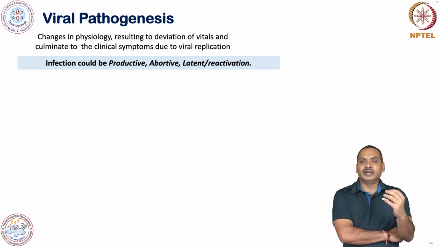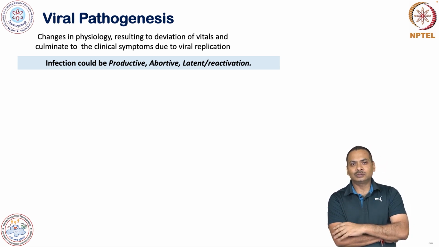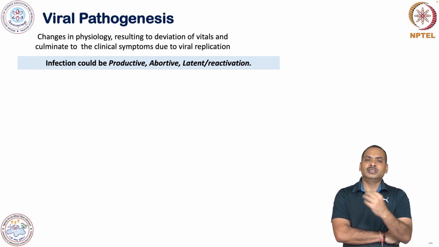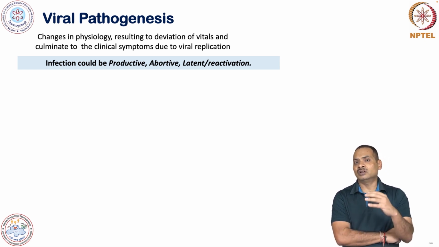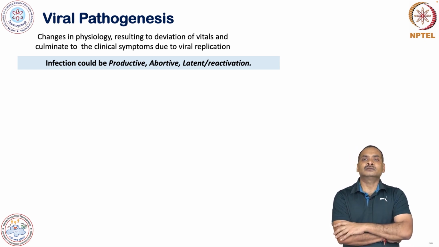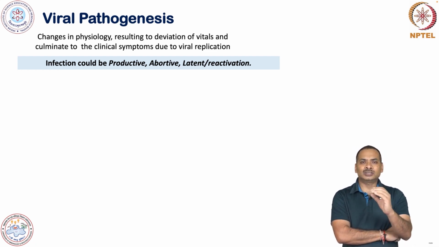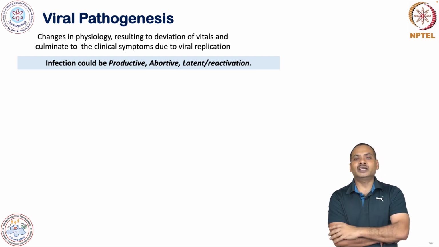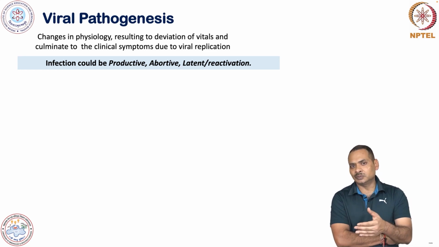Either they replicate extremely slowly, or they just sit in the cell and wait for the right time. Right time means when there is a change in homeostasis of the host, or the defense mechanism is hampered by some means.